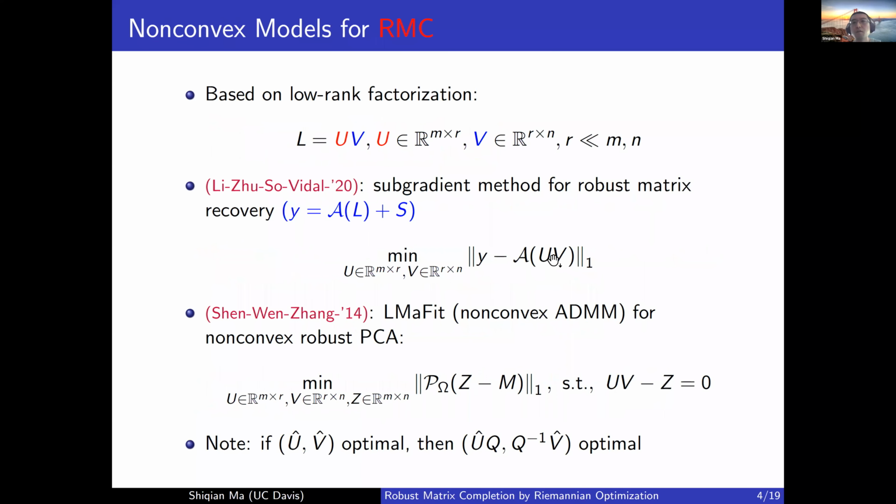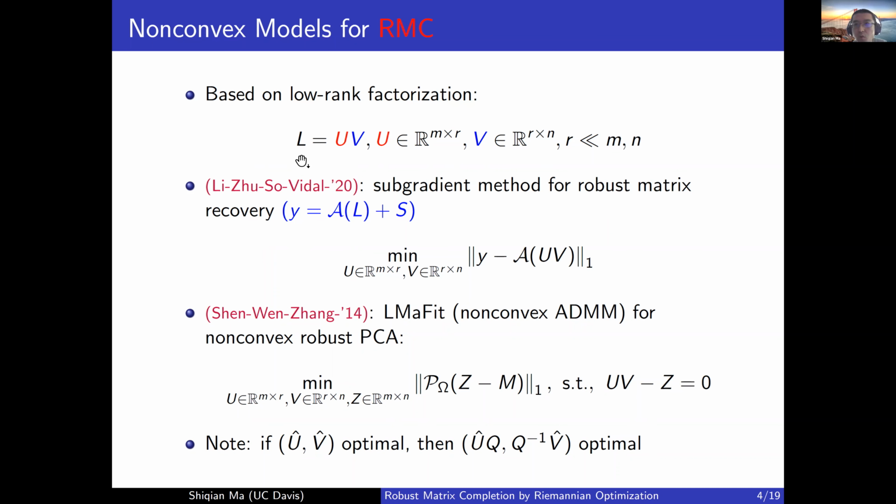As Renee just commented, there exist non-convex models for matrix completion and also robust PCA, where the non-convex model is usually based on this low rank factorization idea. For the low rank matrix L, we can do a low rank factorization.